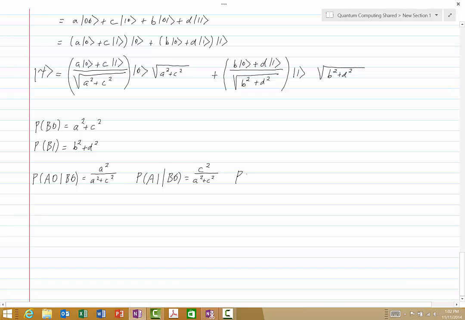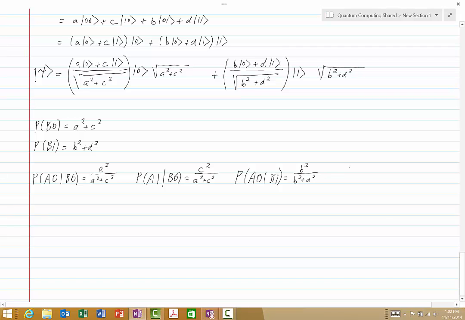The probability that Alice measures 0 given that Bob measures 1 is B squared over B squared plus D squared.